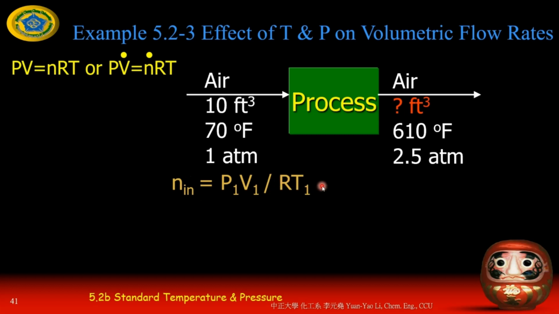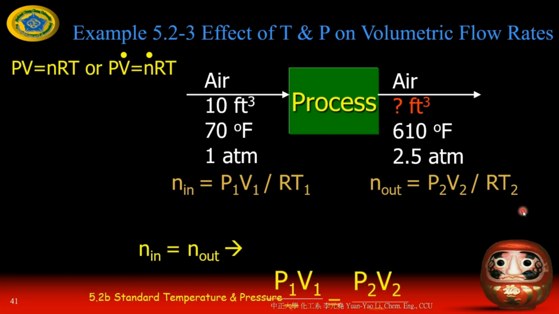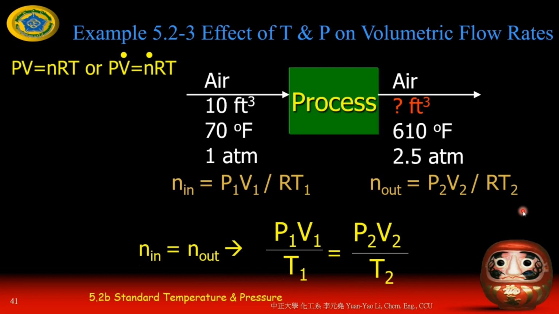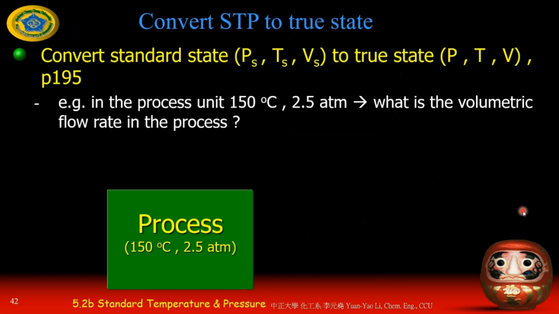And the output is P2 V2 divided by RT2. Moles of input equal moles of output. So as you can see, you just use this equation and you can get the answer for the volume. So there's no problem. This is the answer you got. Easy.